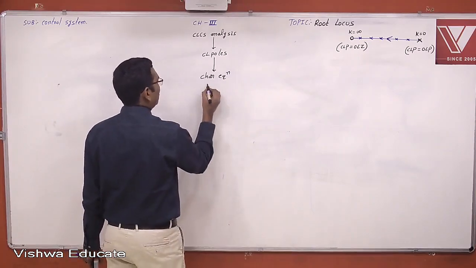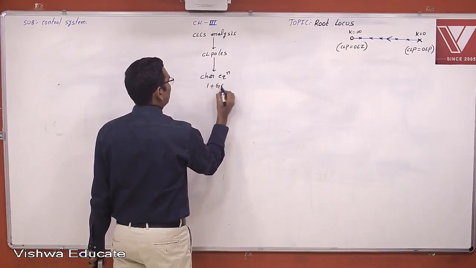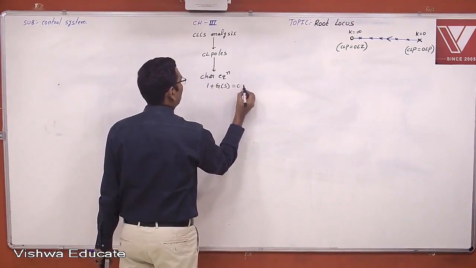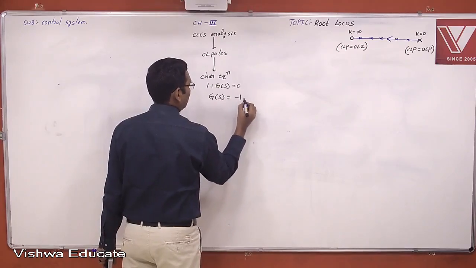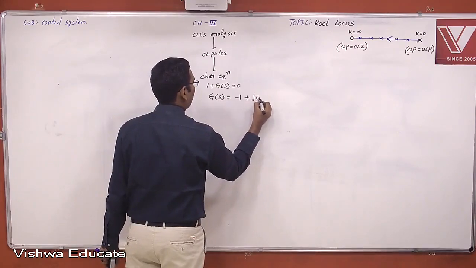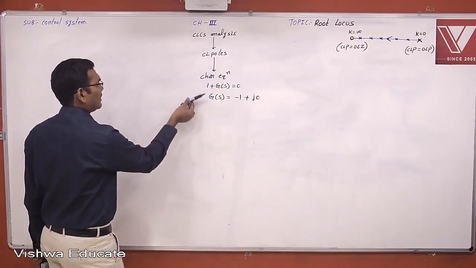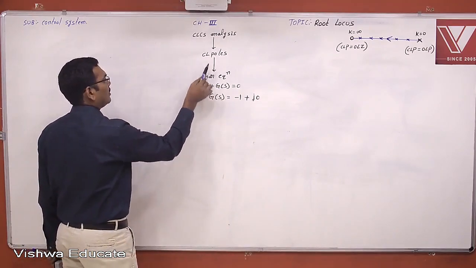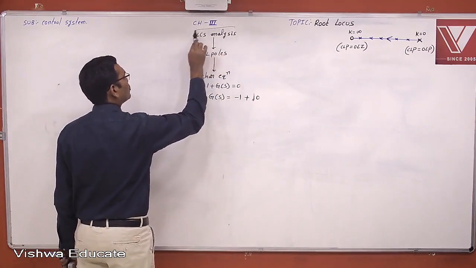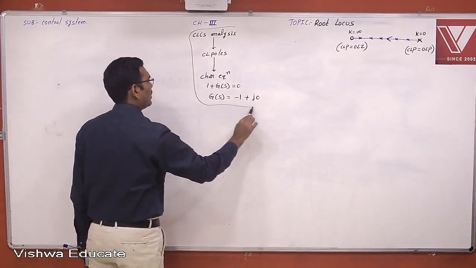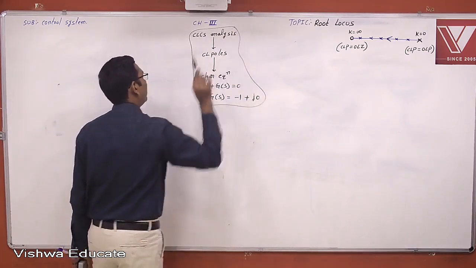What is the characteristic equation? 1 plus G of s equal to 0. Therefore, G of s equal to minus 1, real part minus 1, imaginary part 0. So this is the characteristic equation. The characteristic equation consists of closed loop poles. The closed loop poles will give the closed loop control system behavior or stability.